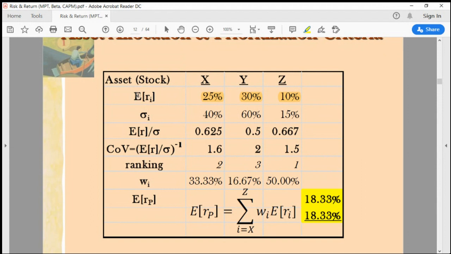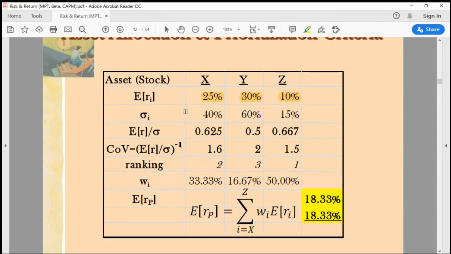Now, get the label: expected return on I. That I represents an individual stock, an individual asset. So for stock X, company X, the expected return would be expected return on X. This I will change, it will be permutated with these labels.